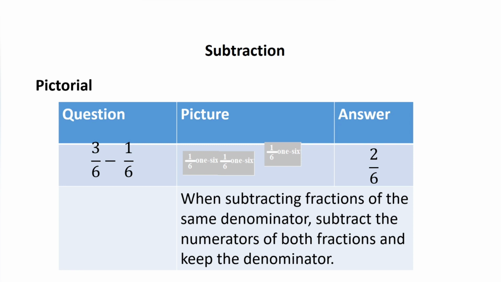The students would then make a connection with the pictorial representation and the concrete representation, and by carefully examining the question, picture, and the answer, they will be able to observe a pattern. This pattern would enable them to discover the process used for subtracting fractions of similar denominators.